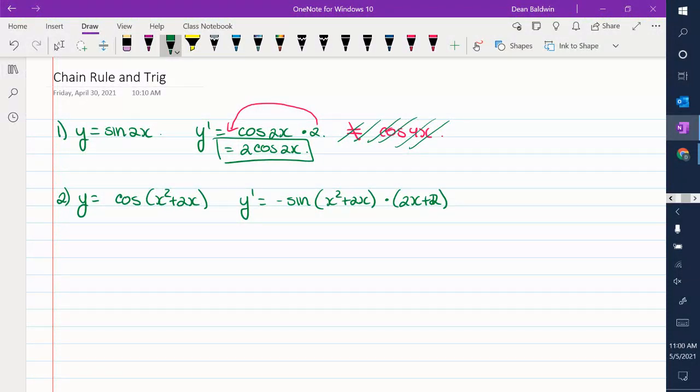Now you can move that to the front if you wanted. At this point, unless you're going to multiply it out, which I wouldn't, I would just leave it like that, depending on what you want to do with it.